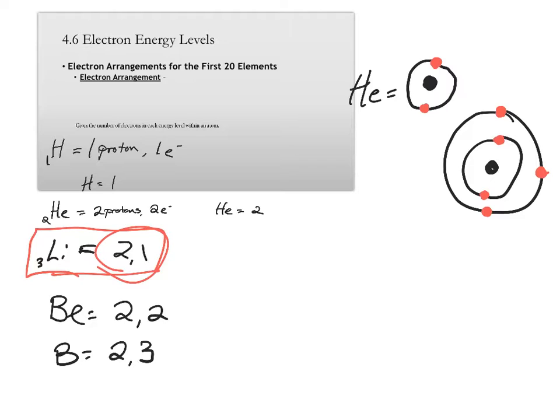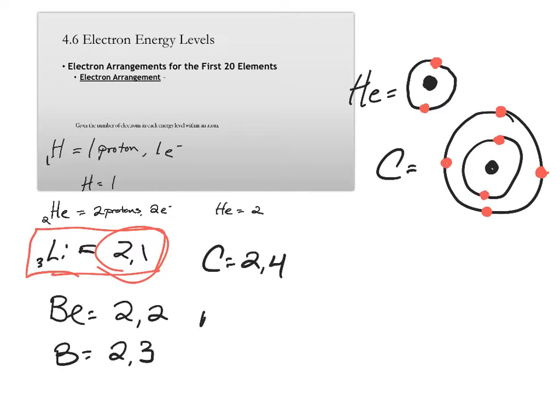The next one would be carbon, which would be 2, then 4. So there would be the Bohr model for carbon.